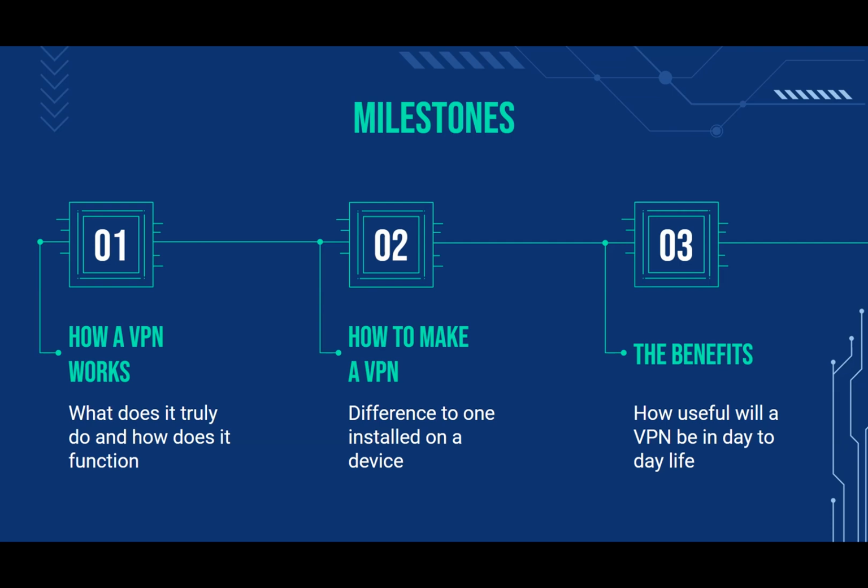Not just how a lot of people use a VPN, where they go to the app store or download a program from a company like NordVPN or so many others, where all you do is install it and activate it. We want to see the difference between that and having a dedicated computer, like a Raspberry Pi, where it's basically your own VPN. And then third, the benefits of this. For example, how would this be useful, and would it actually be useful to use day to day?